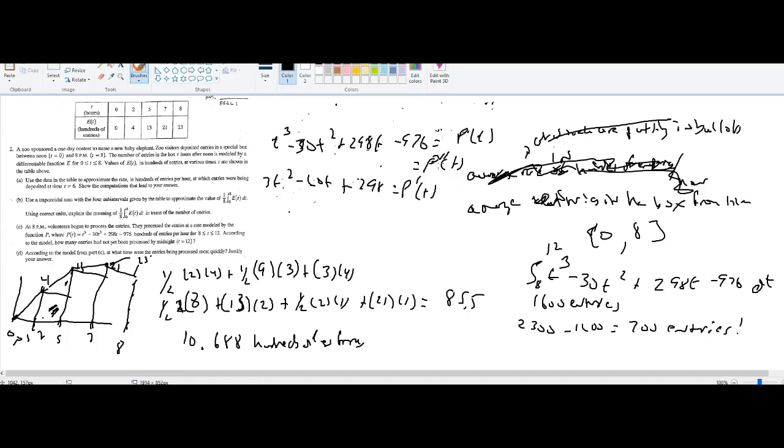So I'm going to enter 3x caret 2 minus 60x plus 298, and make sure my window starts at, say, 7 and ends at, say, 13. I'm going to ask to graph it.